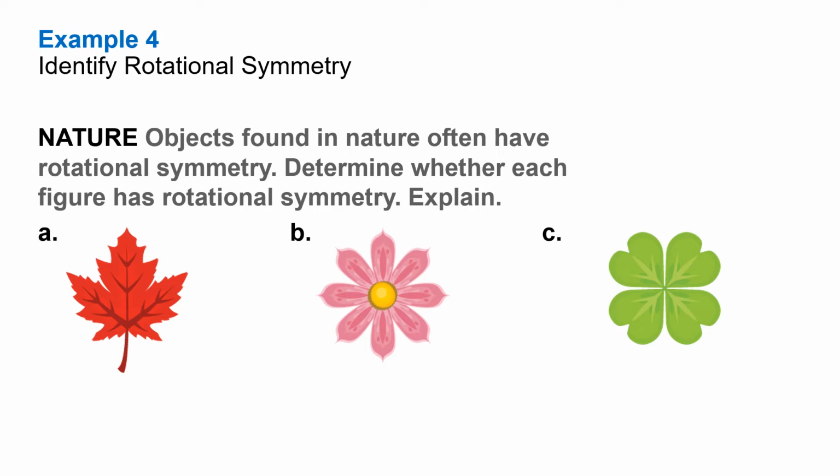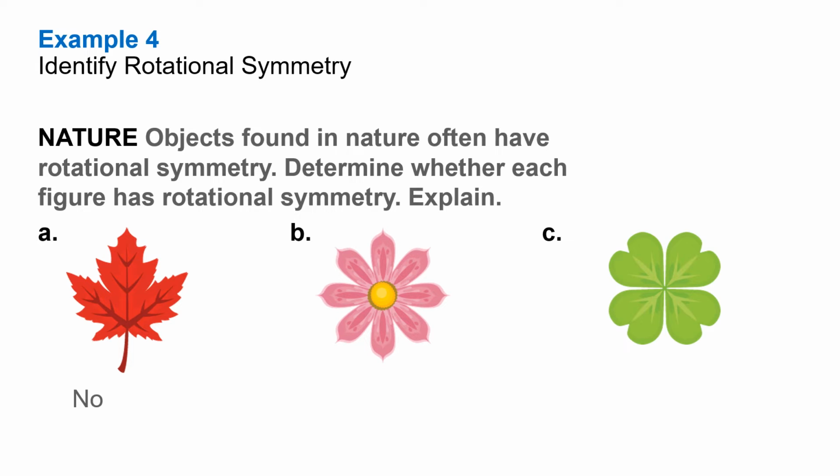So let's go ahead and rotate it and see if this figure has rotational symmetry. The only time that this leaf looked like the original is when it rotated a full 360 degrees. So this leaf does not have rotational symmetry.